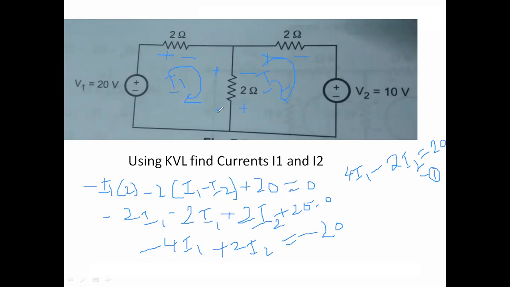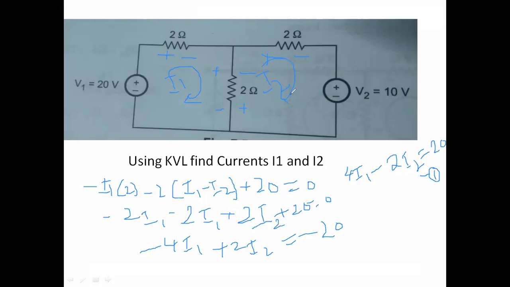Coming to here, minus of 2 into I1 minus I2, because these two currents are in opposite direction. That's why the net is I1 minus I2, plus 20 equals 0. By simplifying this, we get 4I1 minus 2I2 is equal to 20.